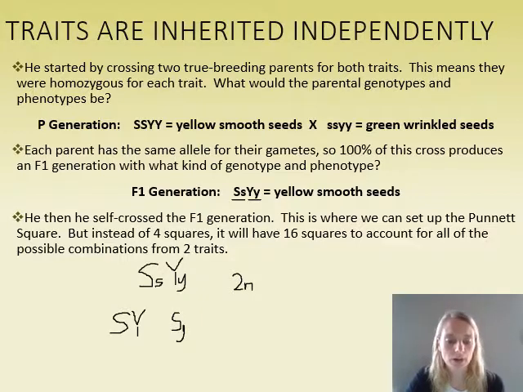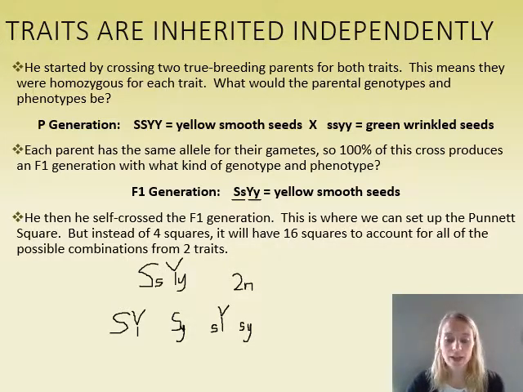Okay, so that's all the possibilities for donating the dominant S. What if they donate the lowercase s? Well, then that can be combined with the dominant Y. Any more combinations? There's one more: the last combination is a lowercase s and a lowercase y.